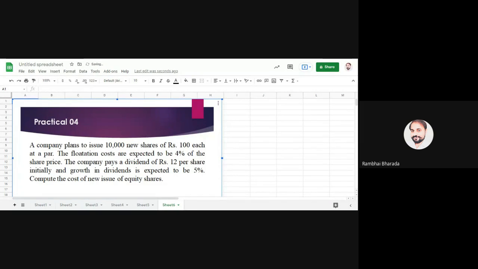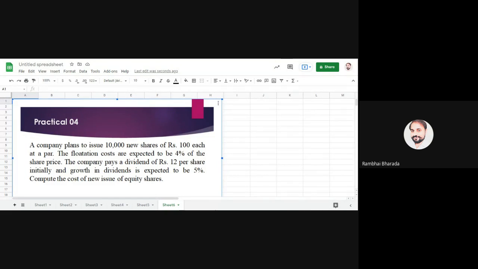Now look at question number 4. A company plans to issue 10,000 new equity shares, each of rupees 100. Face value is 100, at par. At par means no premium, no discount. Flotation costs are expected to be 4% of the share price.